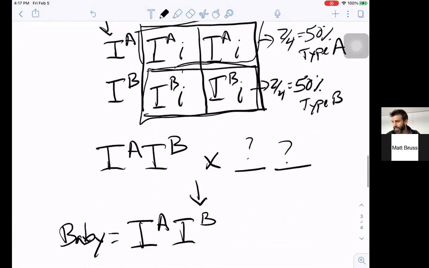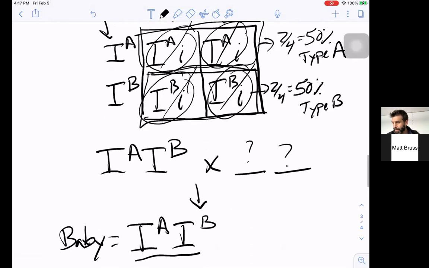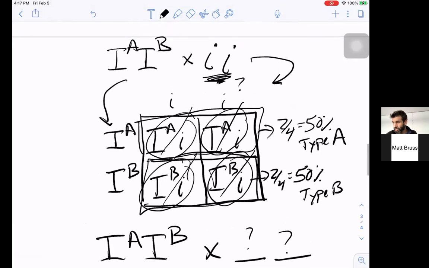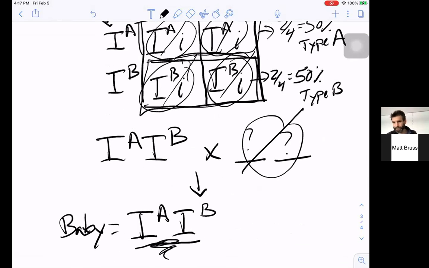Well, if the baby is AB and the father is type O, there's no way, there's zero chance that the baby could be type AB. And so you would know that this individual was not the father of this child, because there's no way you could produce that blood type.